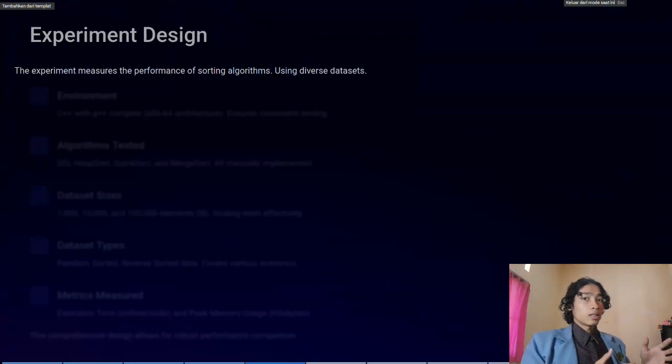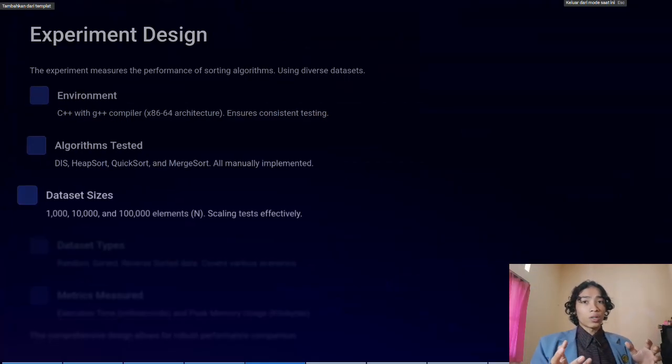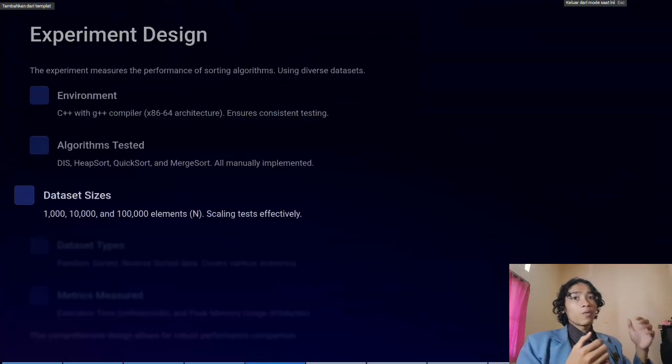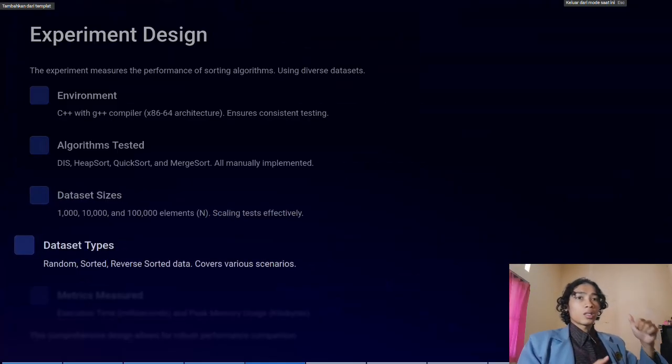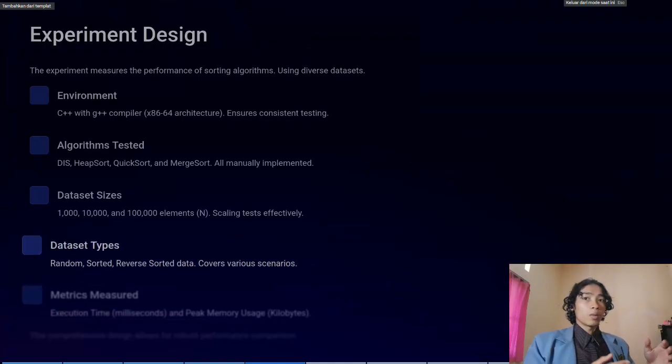I tested on datasets up to 100,000 elements to truly test the resilience of each algorithm. I used three data types: random data for the average case, and sorted and reverse sorted data to test worst case scenarios. The metrics I measured were execution time and peak memory usage.